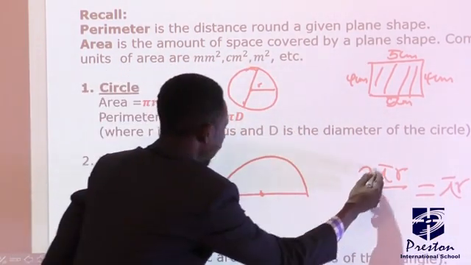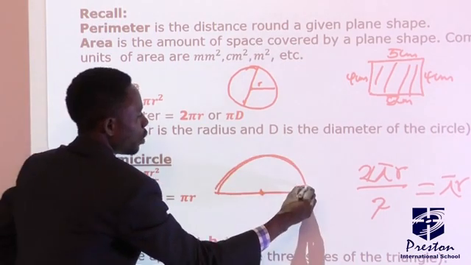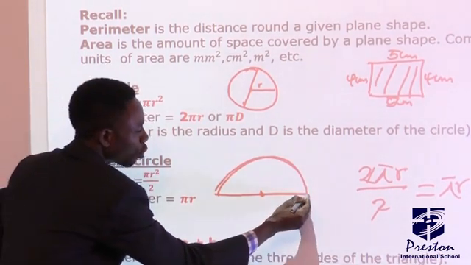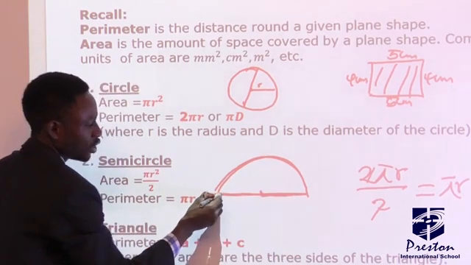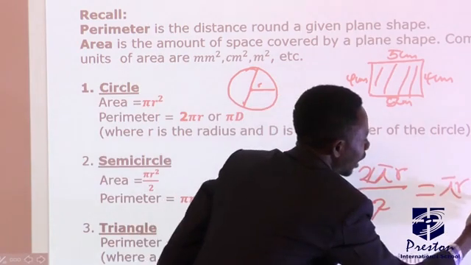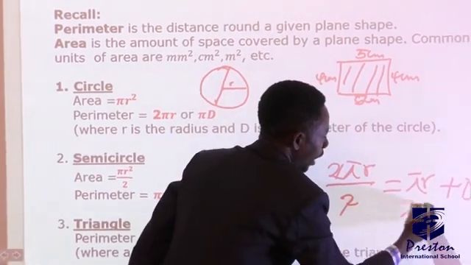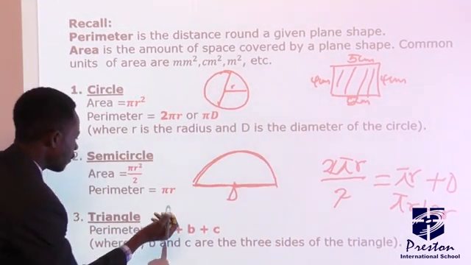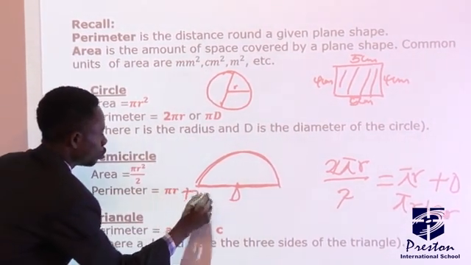Okay, because this will nullify this. That is from here to here. But since we are dealing with perimeter, there will be need for you to add this radius, which is the same as the diameter. So you can now end up having this one as pi r plus diameter or pi r plus 2 radii. So we can have this one down to the pi r plus 2 radii.